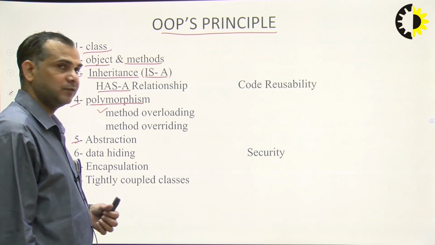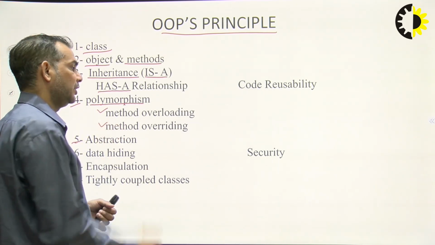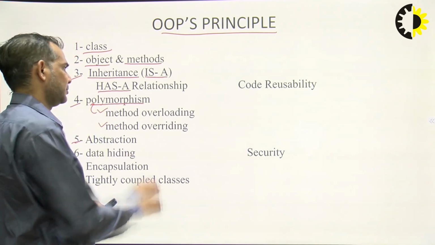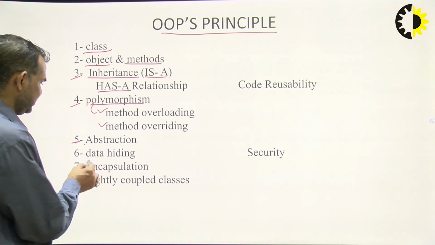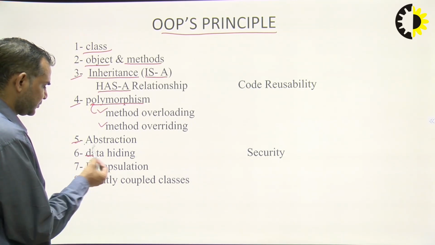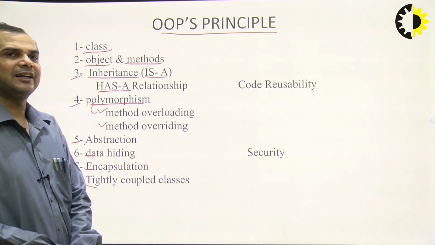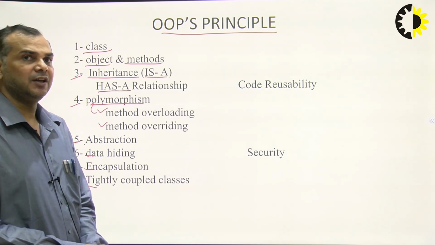We can achieve the property of method overloading, or the property of method overriding. These two are part of polymorphism. Next are abstraction, data hiding, and encapsulation, or tightly coupled classes. There are two types of classes: tightly coupled and loosely coupled.